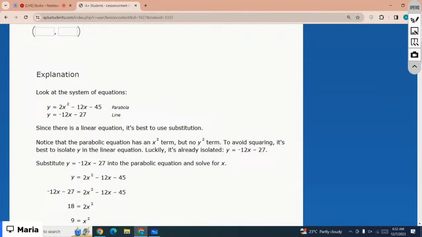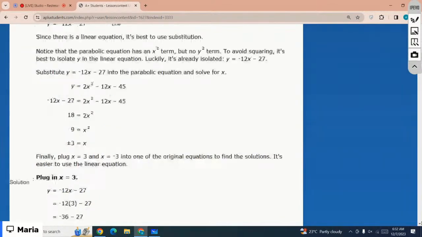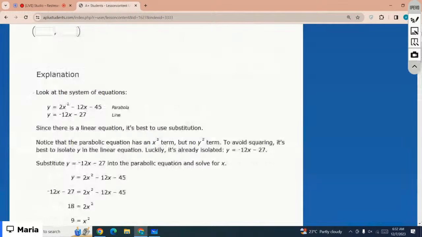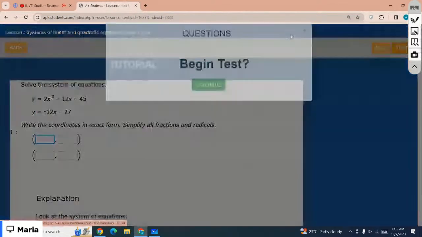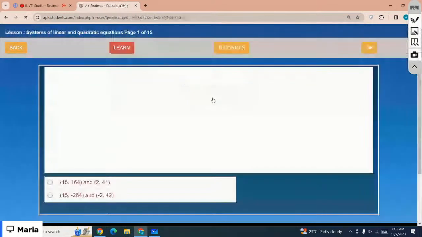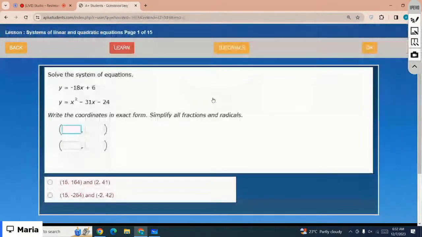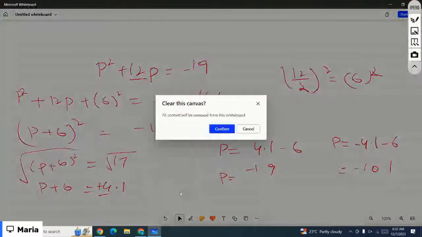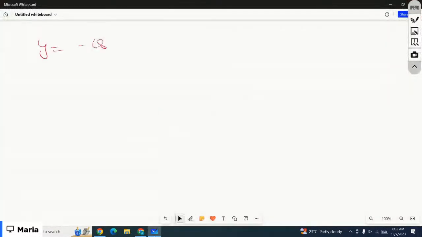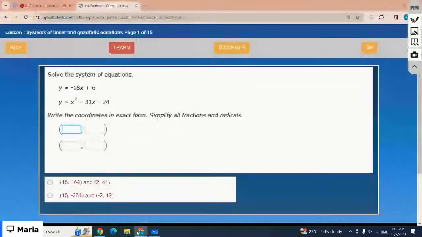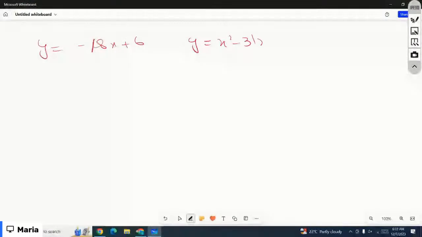Let's just start with the practice questions, right? Okay, y equals negative 18x plus 6, and the other one is y equals x square minus 31x minus 24, right?